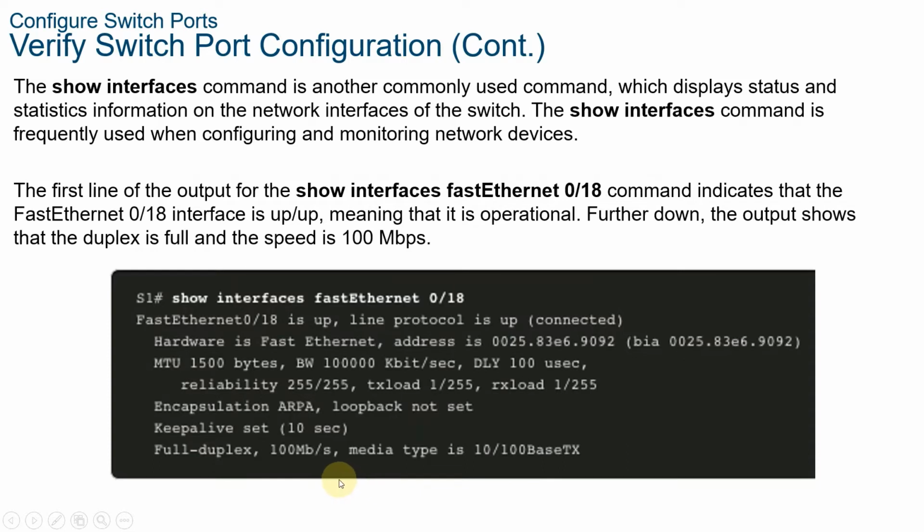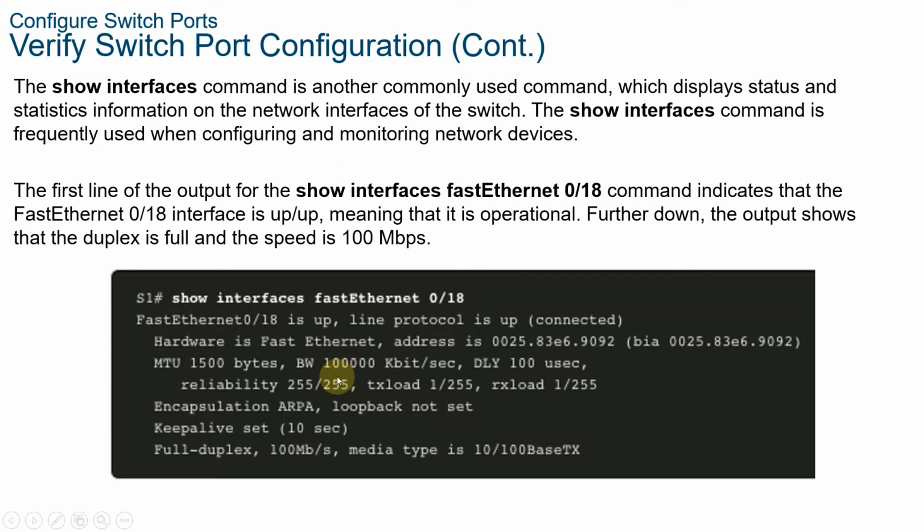The next command is the show interfaces command. This is another commonly used command, which displays the status and statistics information on the network interfaces of the switch. The show interfaces command is frequently used when configuring and monitoring network devices.